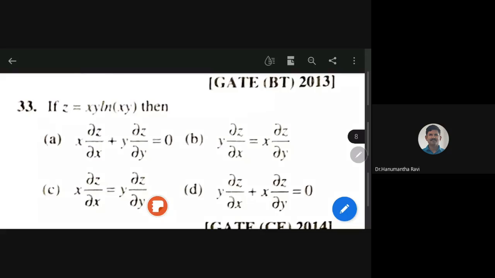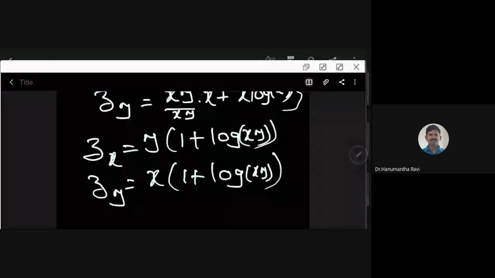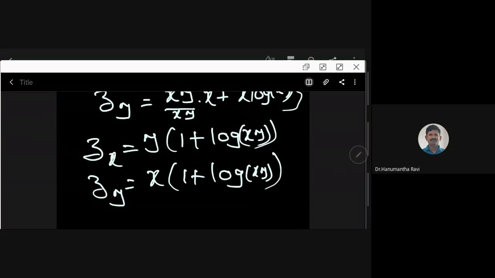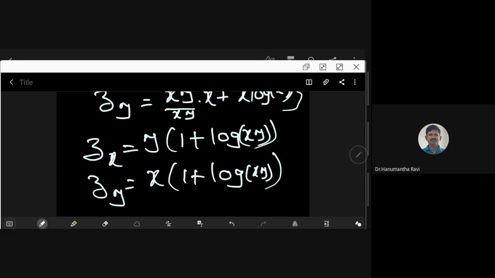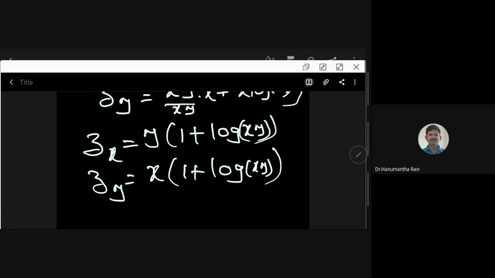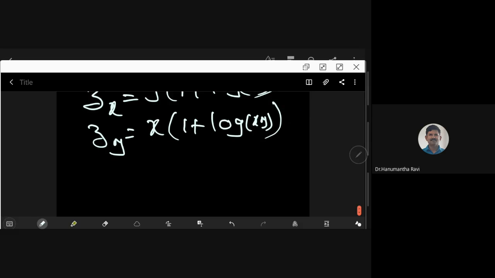x zx is equal to y zy. We'll see this. Yeah, that is right. So here x zx is equal to y zy. Right. Because what is x zx? It is xy into 1 plus log xy.